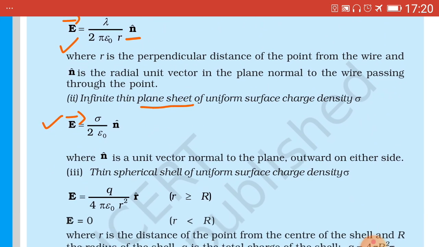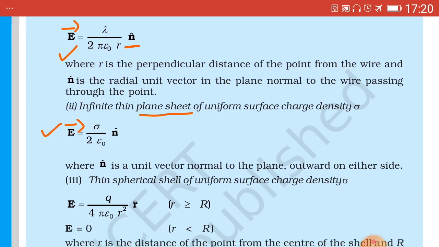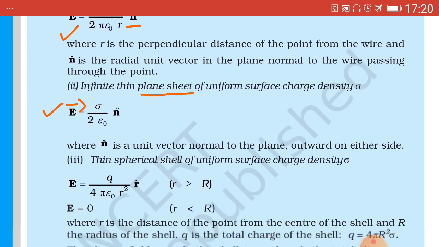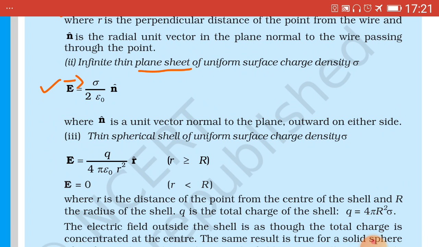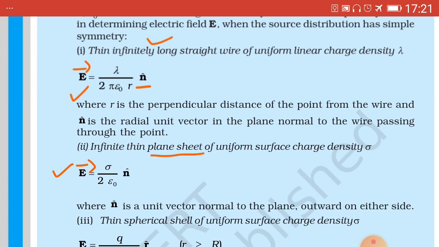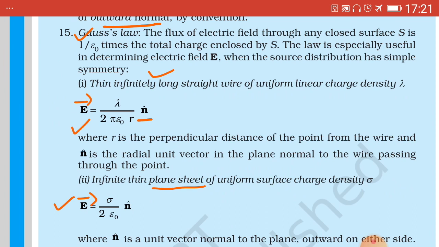Second case, in the infinite thin plane sheet of uniform surface charge density. First one is uniform linear charge density and here uniform surface charge density. So vector E equal to sigma upon 2 epsilon 0 into n hat, where n hat is a unit vector normal to the plane outward on either side.